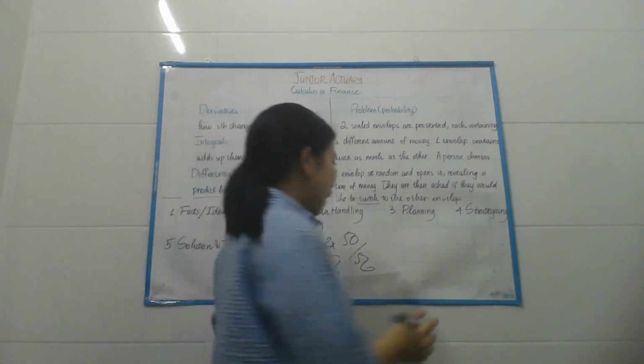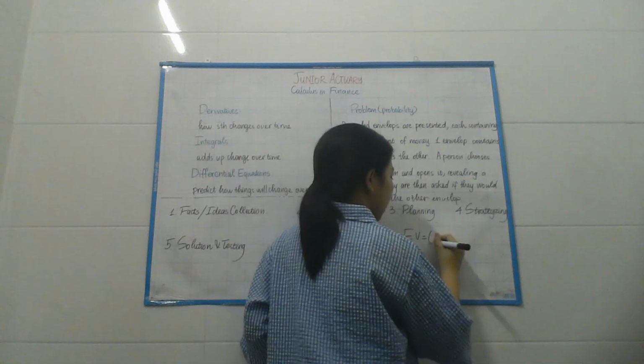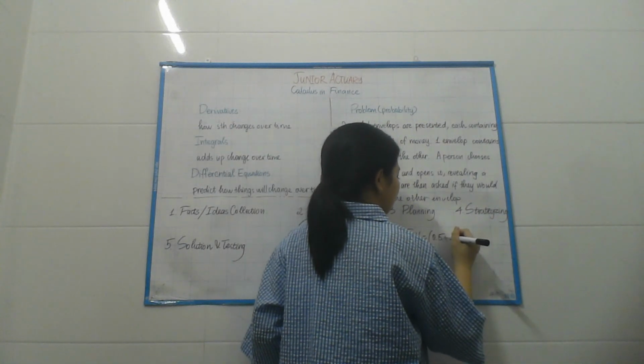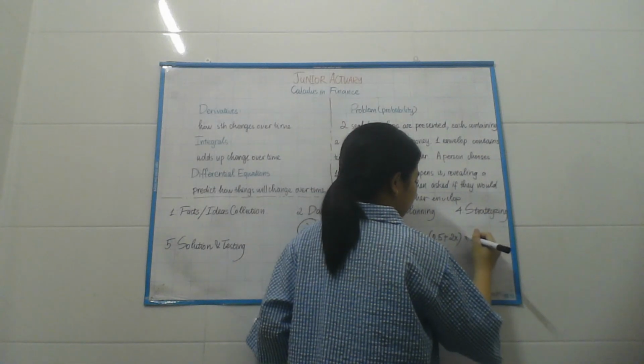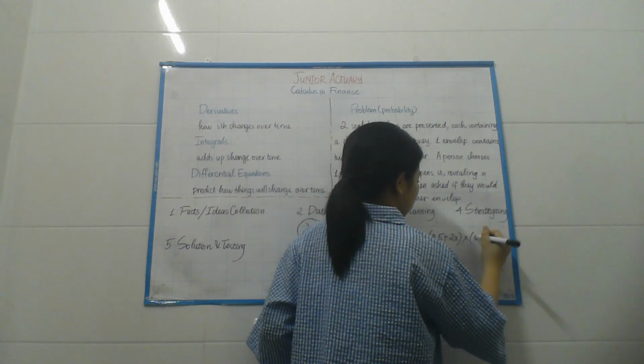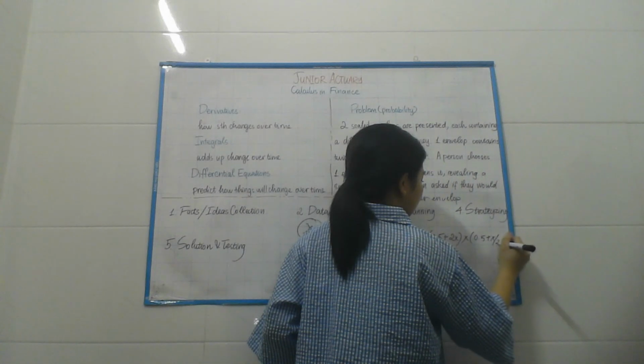So the expected value equals 0.5 times (x) plus 0.5 times (negative x/2).